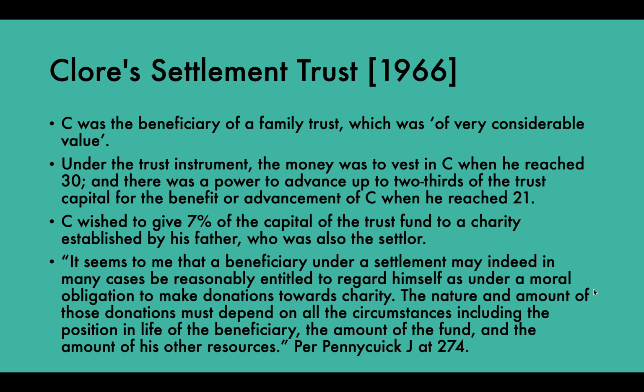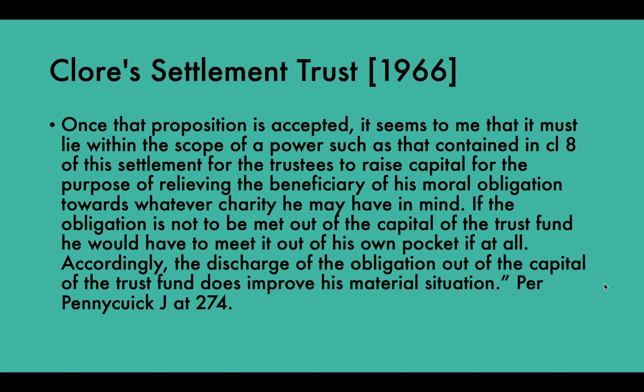And the judge here says that it seems to me that a beneficiary under a settlement may indeed, in many cases, be reasonably entitled to regard himself as under a moral obligation to make donations towards charity. The nature and amount of those donations must depend on all the circumstances, including the position in life of the beneficiary, the amount of the fund, and the amount of his other resources. So you must look at the whole picture of the beneficiary and see how that advancement helps them.